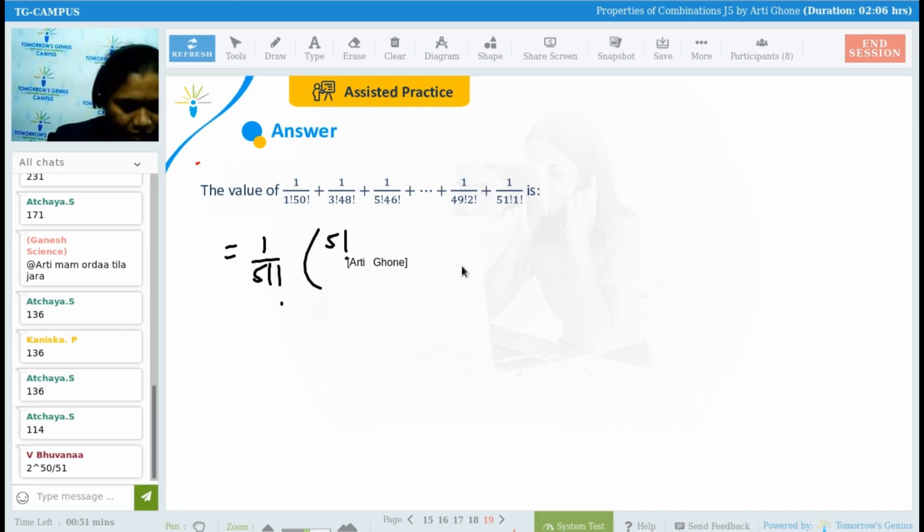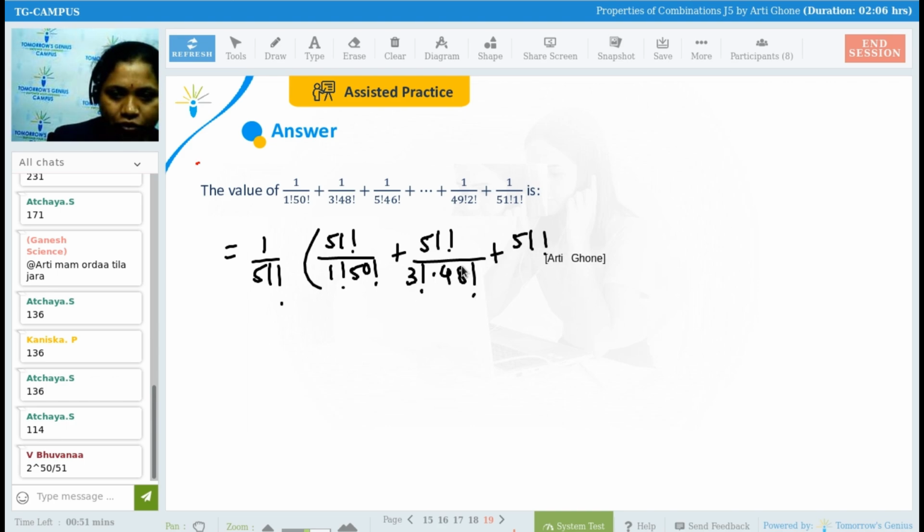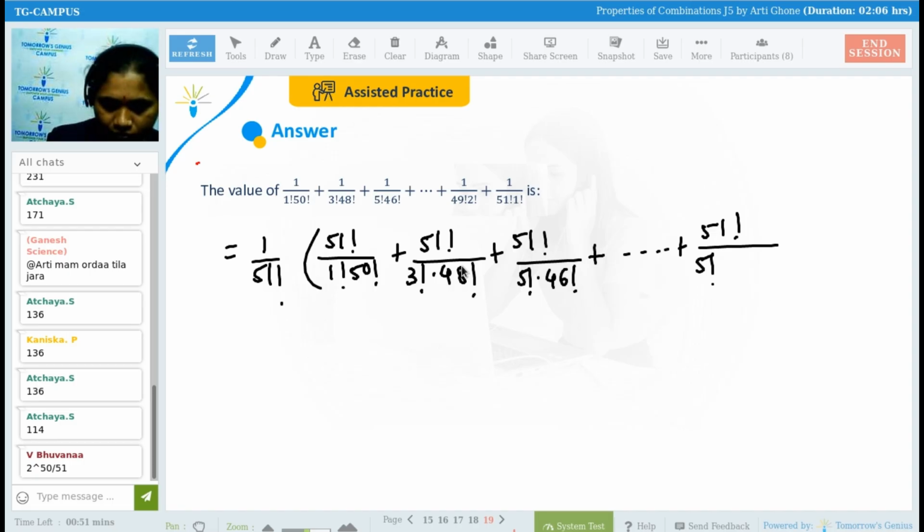And if I multiply each term by 51 factorial: 51 factorial over 1 factorial 50 factorial, plus 51 factorial over 3 factorial into 48 factorial, plus 51 factorial over 5 factorial into 46 factorial, plus dot dot dot, 51 factorial over 51 factorial. Okay, so what pattern are you observing?